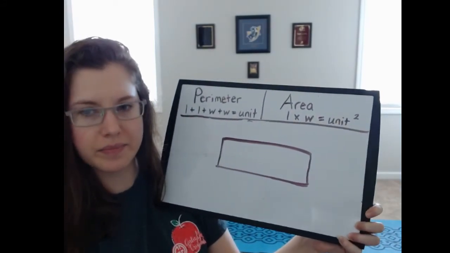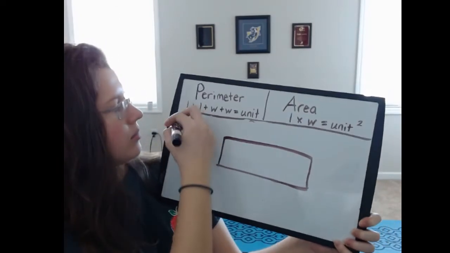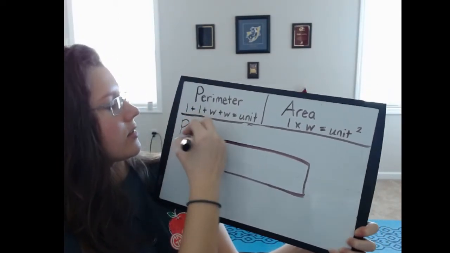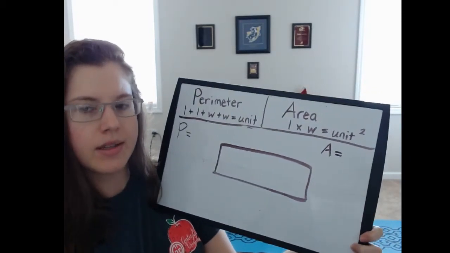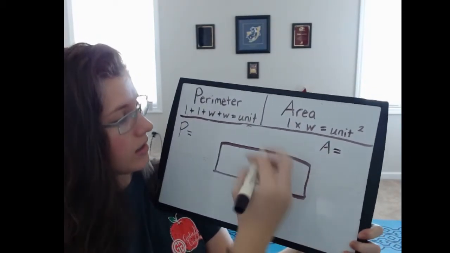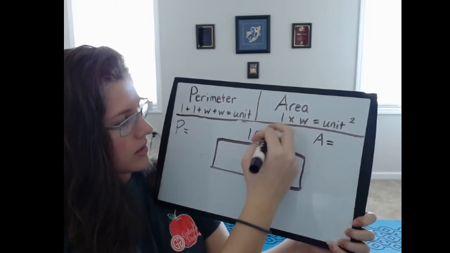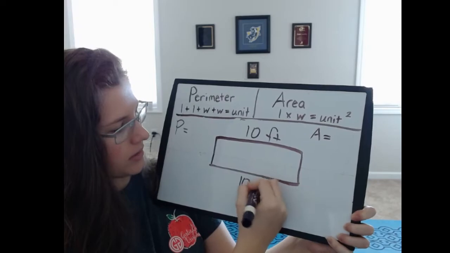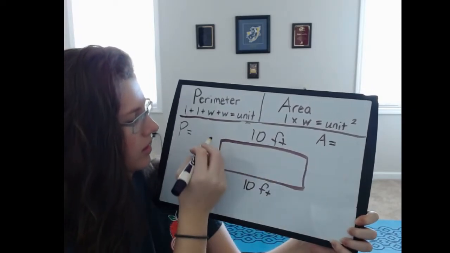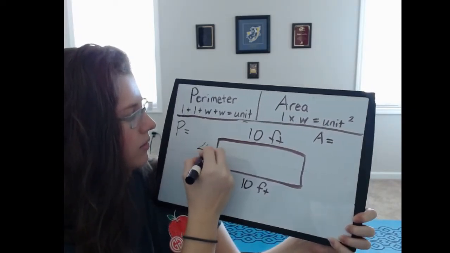There you go. That's a definite rectangle at a glance. So we're going to write the perimeter on one side, area on the other. Let's say this is 10 feet, 10 feet, and 4 feet.